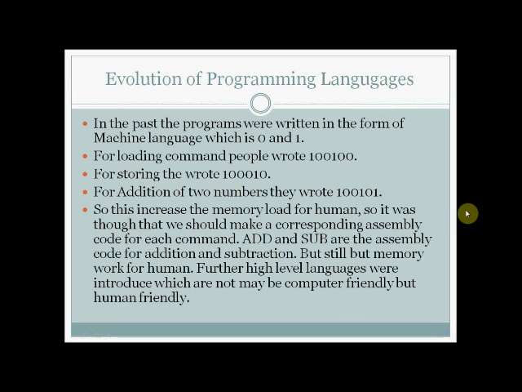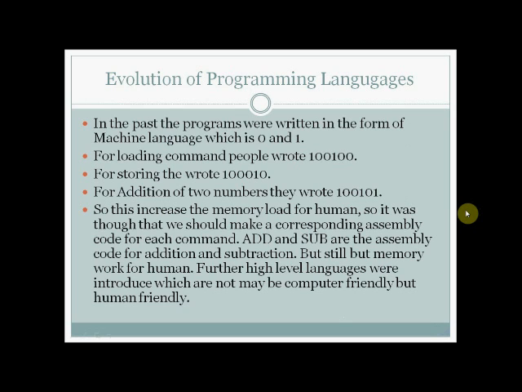In the past, programs were written in the form of machine language, which is 0 and 1, and there were different commands for different things, and programmers had to remember those commands, like 100 100 for loading and 1000 for storing, and it was a headache for programmers. So they thought that they must form another code, and that was called assembly language.